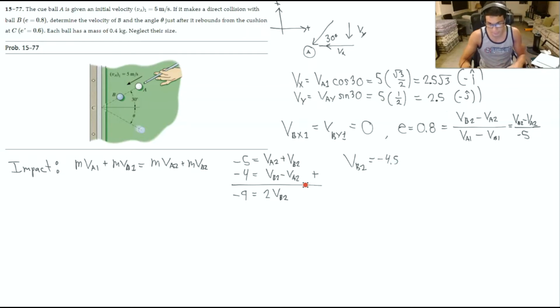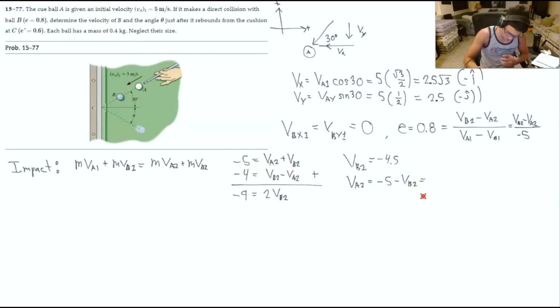And if I know that's true, then I know VA2. We don't even need to write down VA2 because I'm pretty sure they're not even concerned about VA2, but we'll write it down anyway. I'll just show the work here. VA2 is going to be -5 minus VB2, just using this equation right here. So subtract VB2 on the other side.